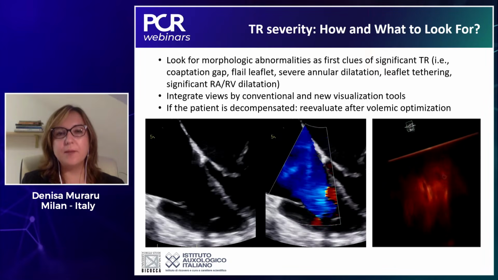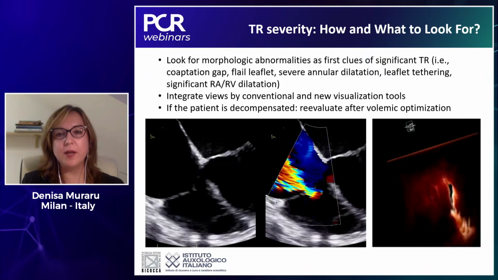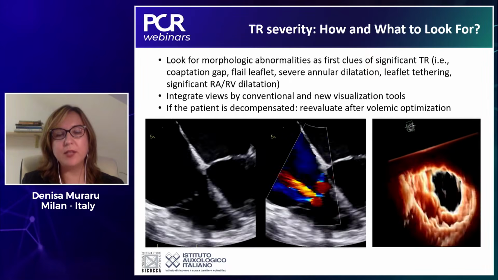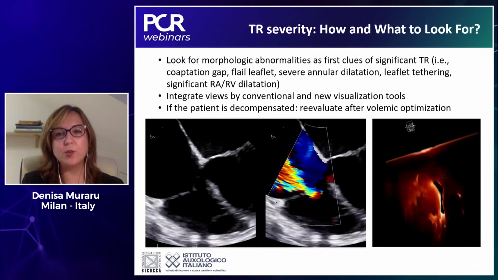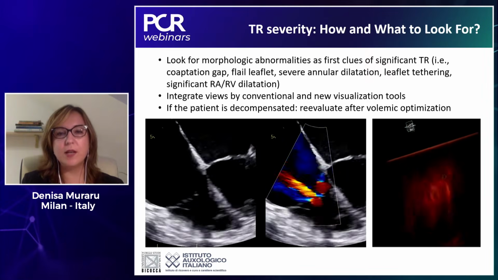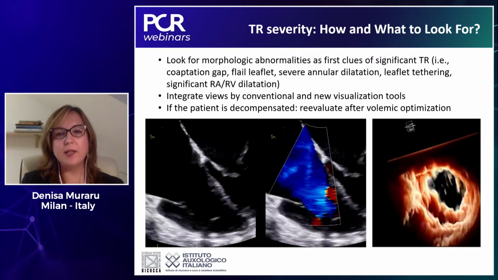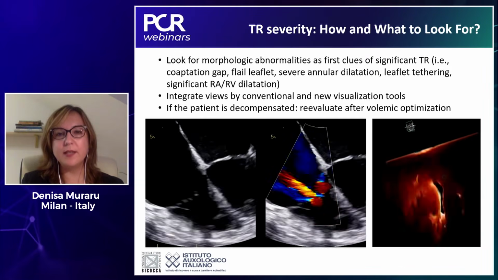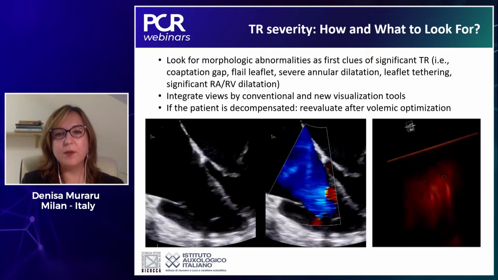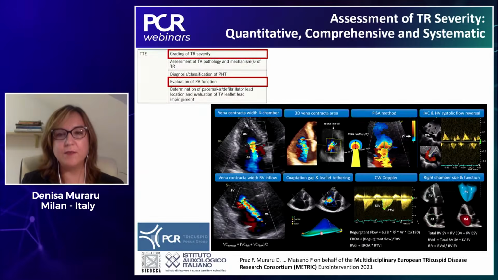For this, conventional views are useful, but for instance, when we are having very small, very limited coaptation gaps, the new visualization tools could be also very useful. Finally, an important caveat is that if the previous examination was done with the patient decompensated, it is really important to reevaluate again all the parameters of severity in order to make sure that the TR is actually severe.